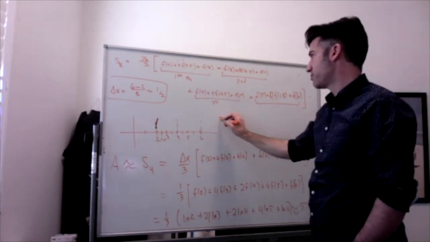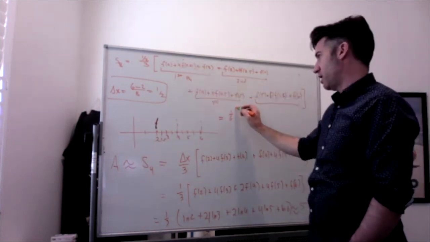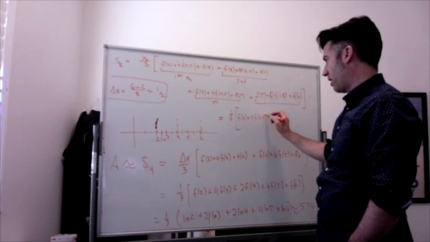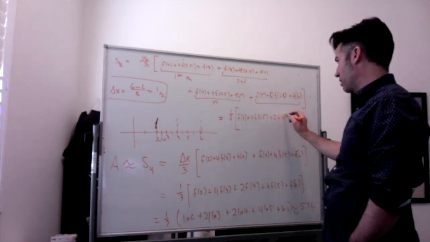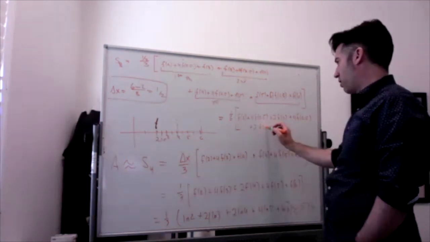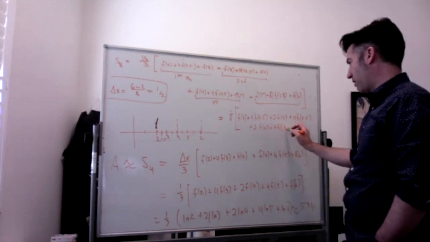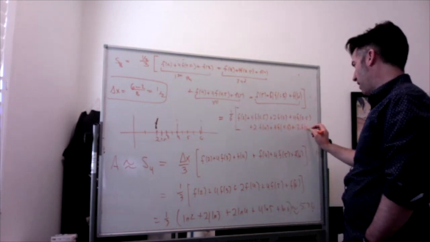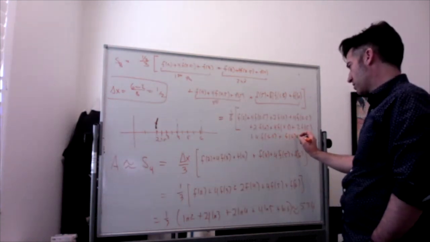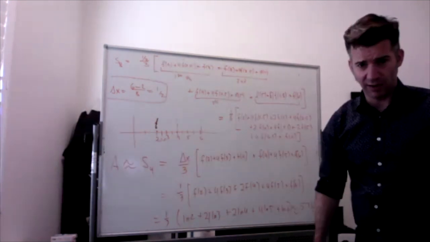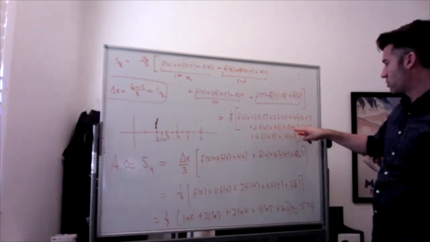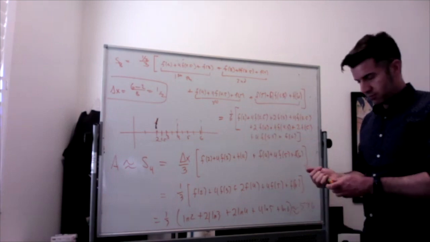So it really is 1/2 over 3, so 1/6 times that whole sum. I just want to point out that it's always this 1, 4, 2, 4, 2, 4, 2, 4, 1 pattern.